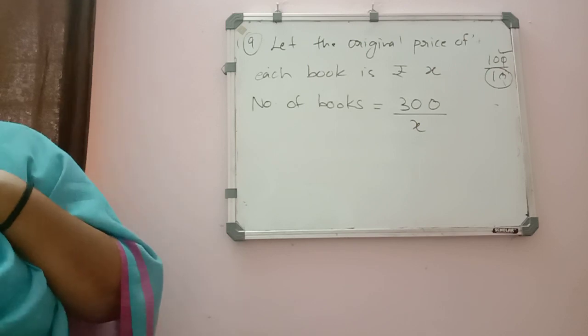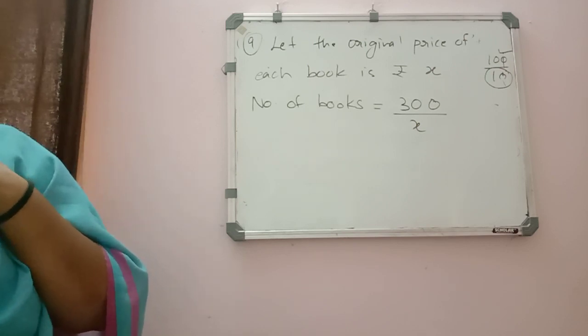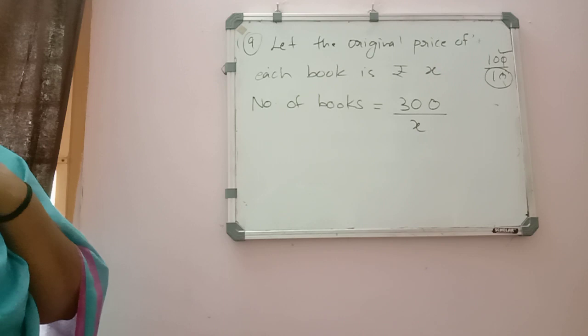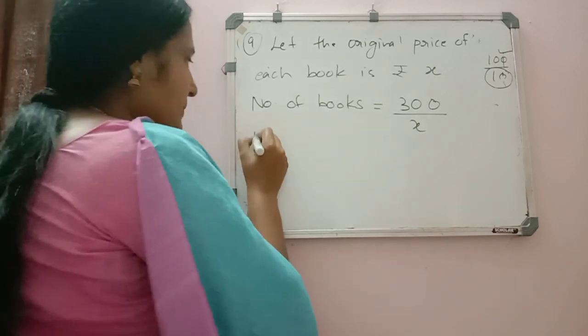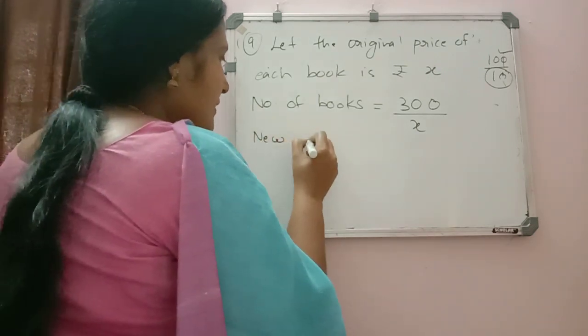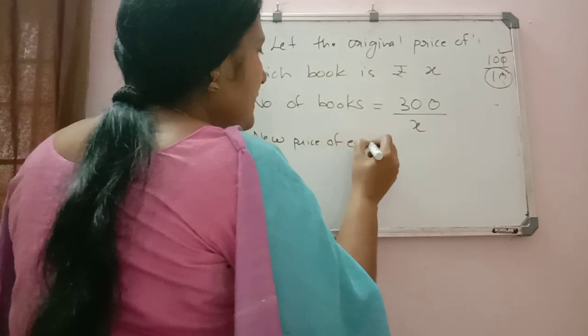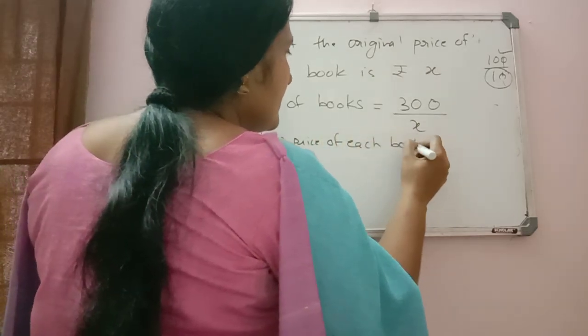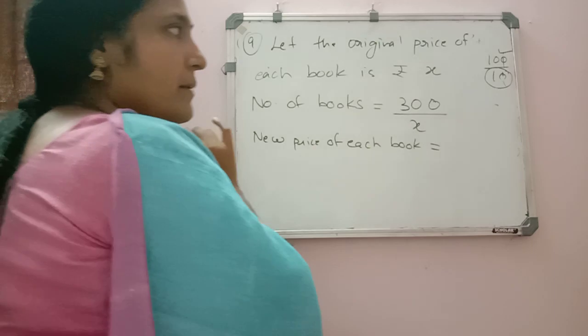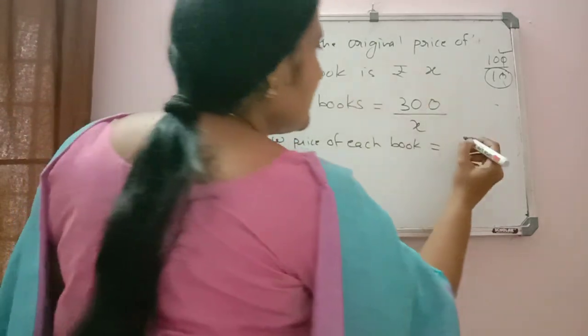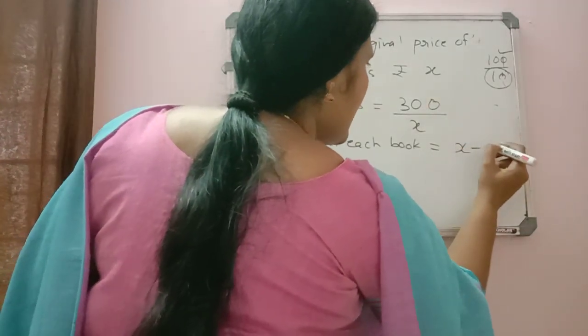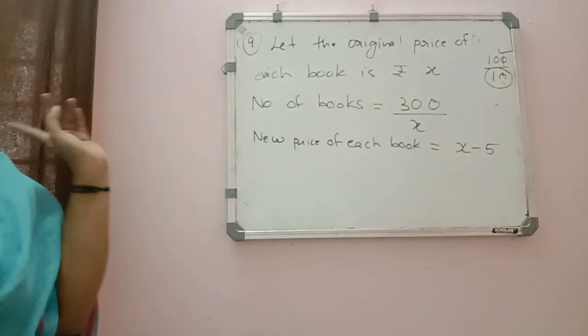Now the information which is given: if the price of the book is reduced by rupees 5, our new price of each book will be X minus 5.